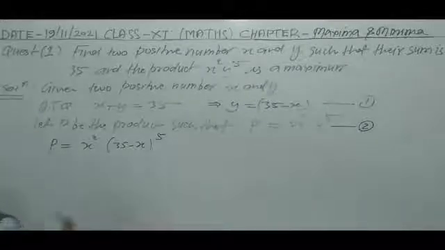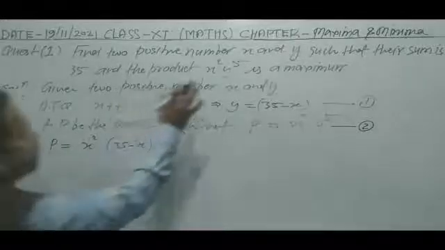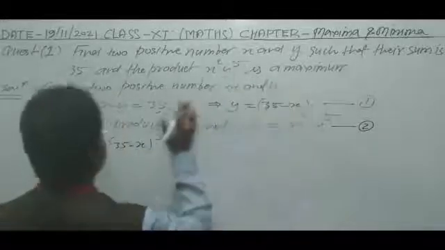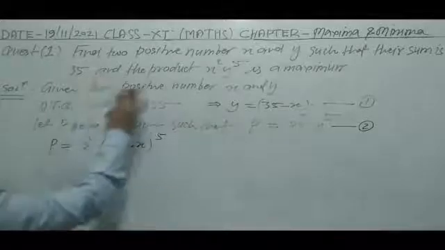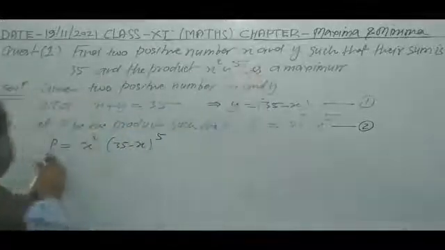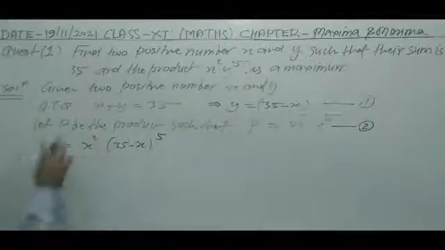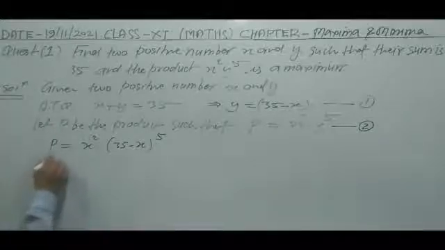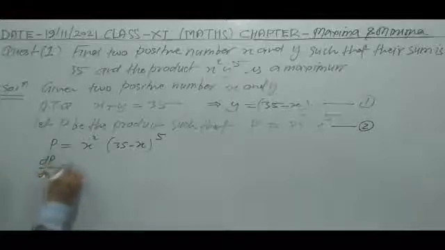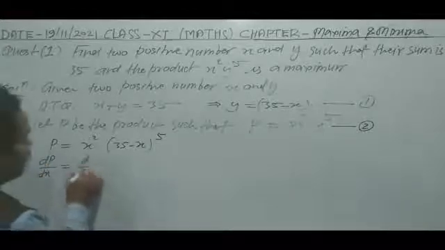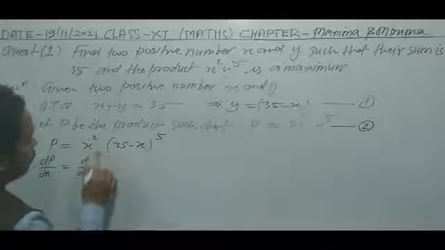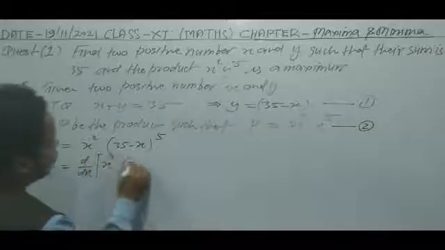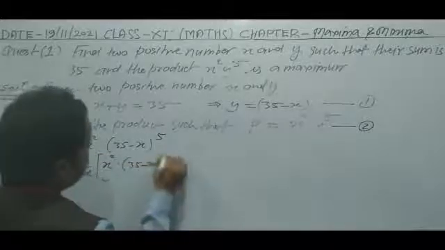Now the question is talking about the product being maximum, so P is maximum. The question is talking about maxima and minima of P, so you have to differentiate. dP by dx will be d by dx of x square into (35 minus x) power 5.